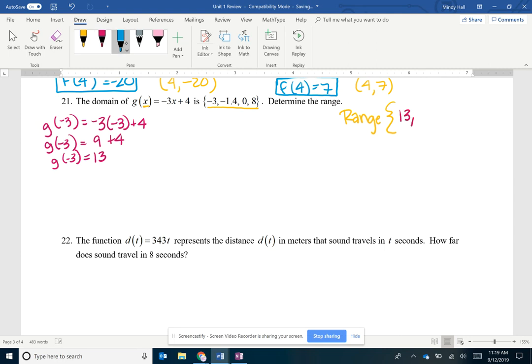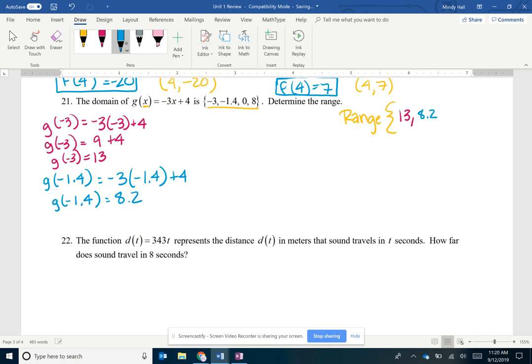So then I do it again. G of -1.4. -3 times -1.4 plus 4. And to save some time, I am just going to type this into a calculator. So we have -3 times -1.4 gives us +4.2, and +4.2 plus 4 gives us 8.2.